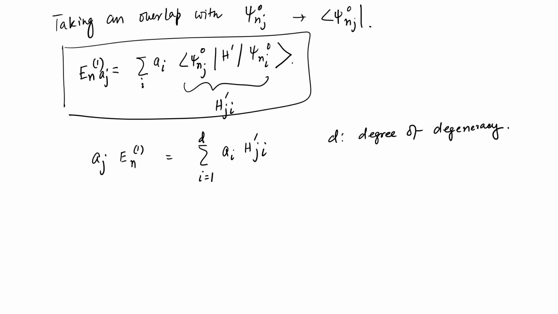So let us do a 2-fold degenerate case. This is the simplest. I mean, 1-fold is the non-degenerate and 2-fold is the first, the simplest of the degenerate cases. So, 2-fold degenerate case.